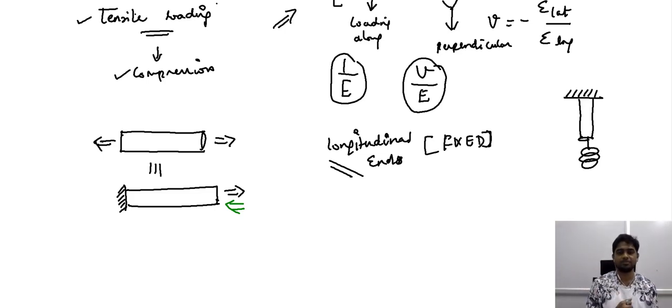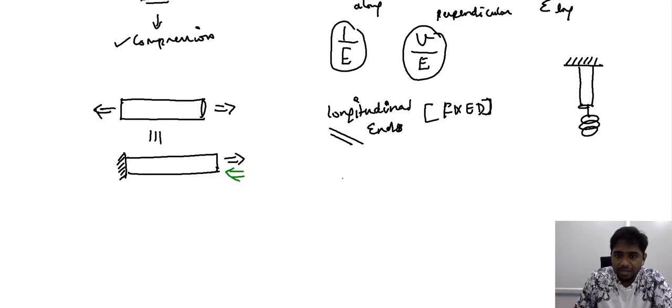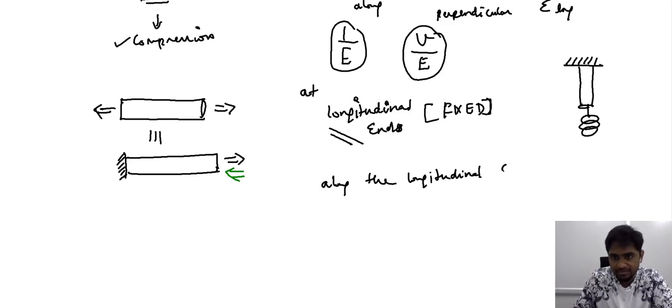Now, instead of fixing the longitudinal ends, it is also possible for us to fix the sample along the longitudinal axis. We don't want to fix it at the longitudinal ends, but we want to fix it along the longitudinal axis.